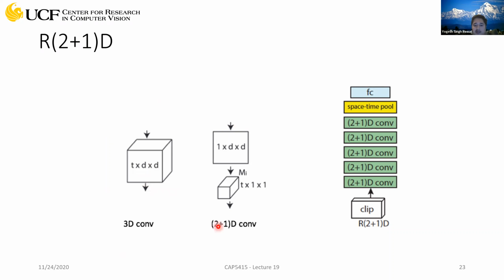Now, what's happening in case of this (2+1)D convolution kernel? You will have again the same feature map. You apply this kernel, so you will again get some kind of feature map, right? On top of which you will apply this kernel, and then you again get the same set of feature map. So this intermediate feature map, which you get after applying this kernel, is going to take additional memory in your GPU.